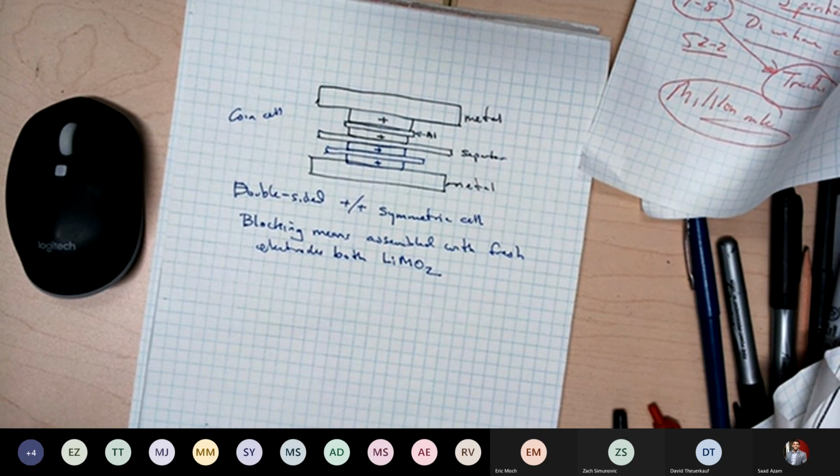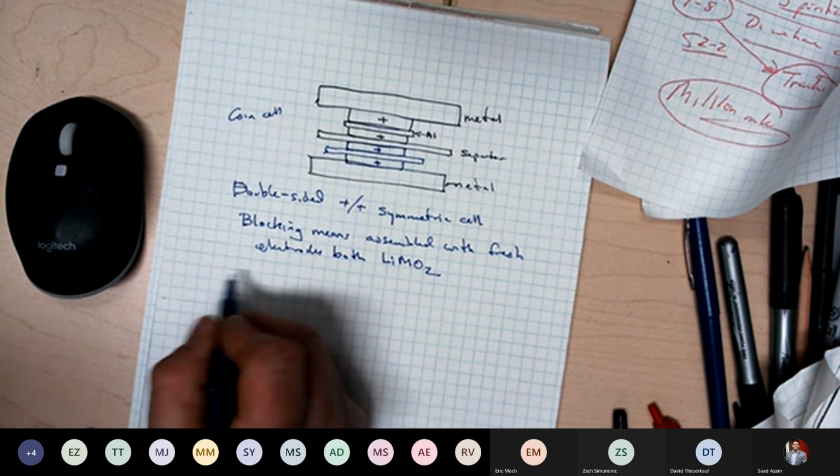So this is a trick we actually learned from Michael Metzger's group in Germany, where they do this type of stuff all the time.